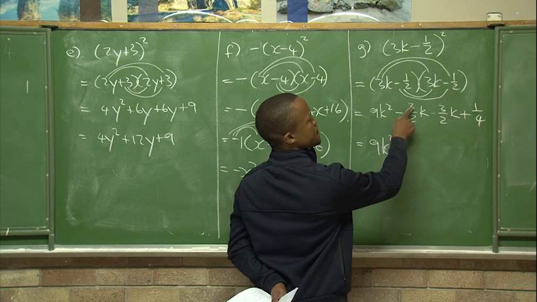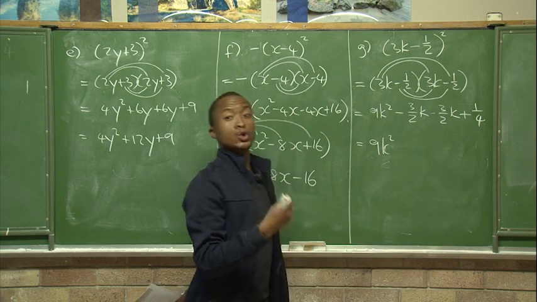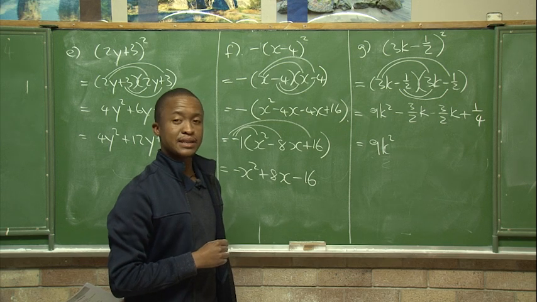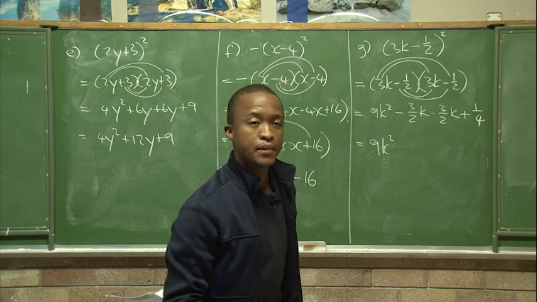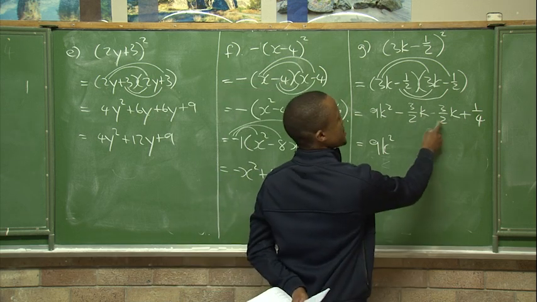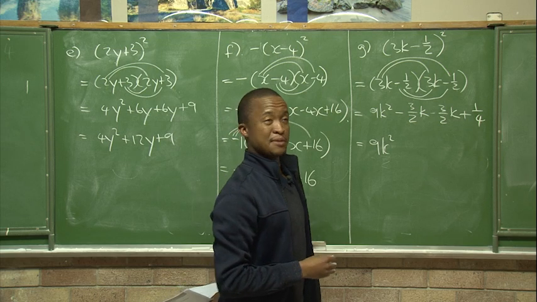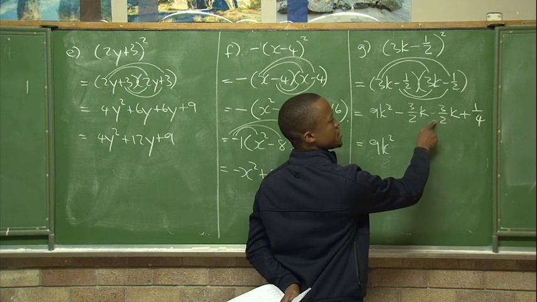So we have negative 3/2 k minus 3/2 k. We are subtracting two fractions here. When you add or subtract fractions, it's important that the denominators are the same. If the denominators are the same, then we can simply subtract the numerator terms. And are they the same? Yes, the denominator here is 2, and the denominator there is 2.